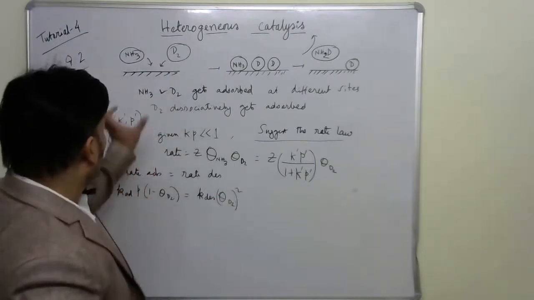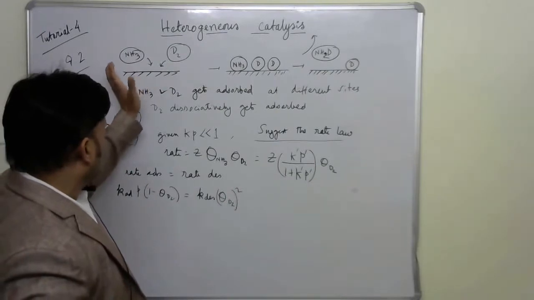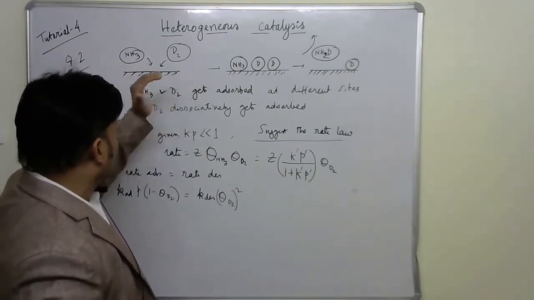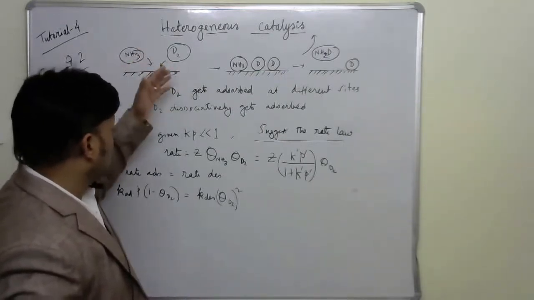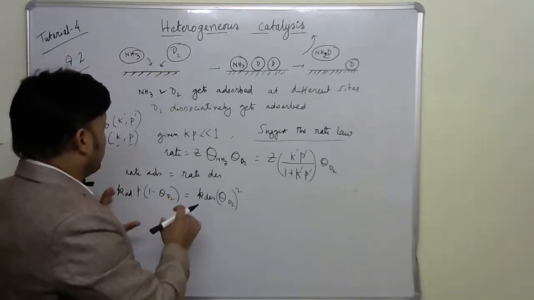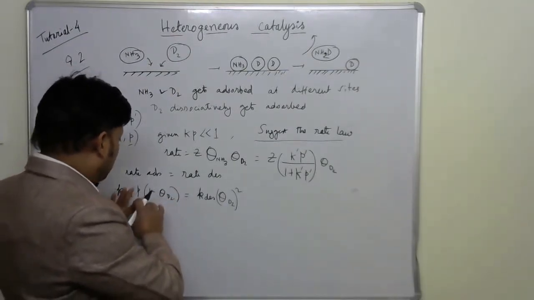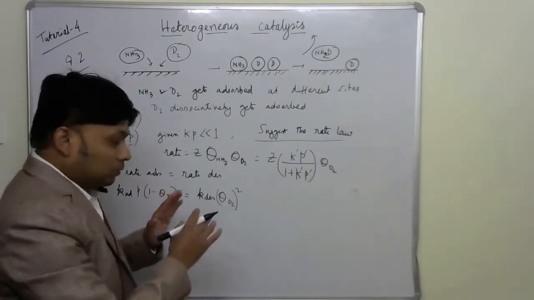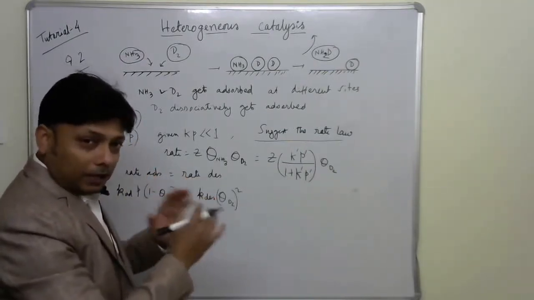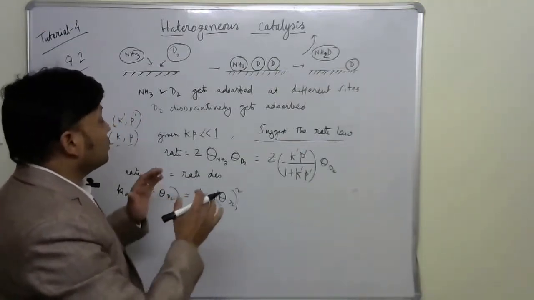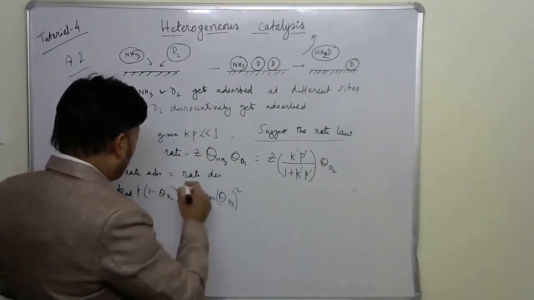And similarly over here, whenever we talk about the empty portions, the fraction which is unoccupied for the fresh adsorption of the remaining D2 gas, again you have to think that there should be two available sites. So therefore its dependency would also be squared.